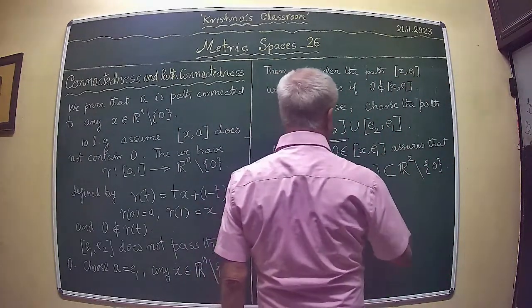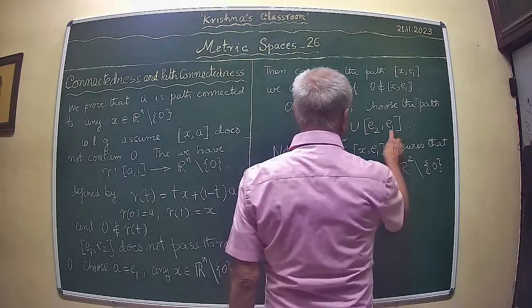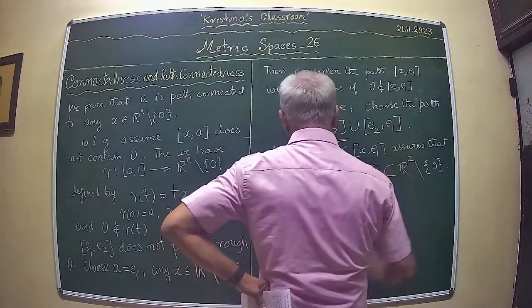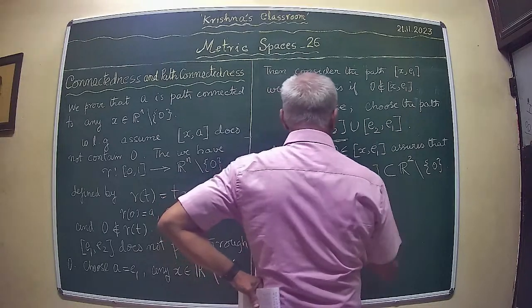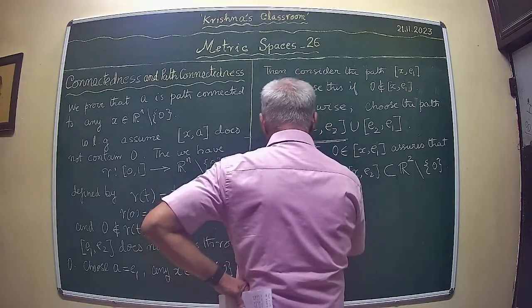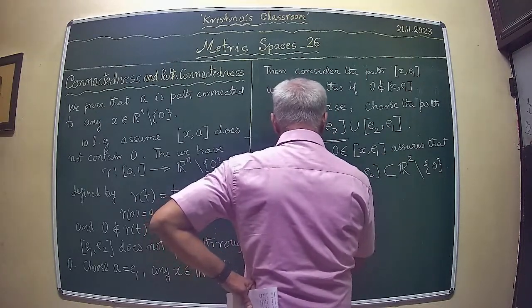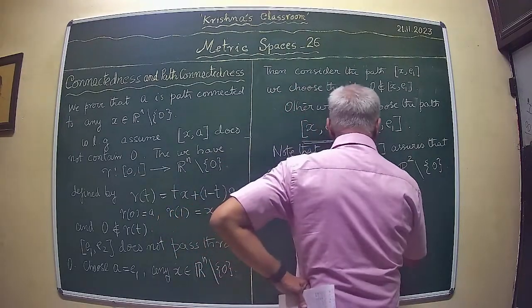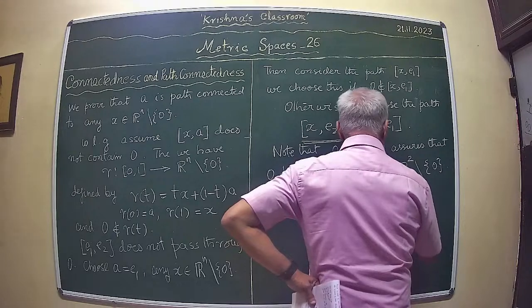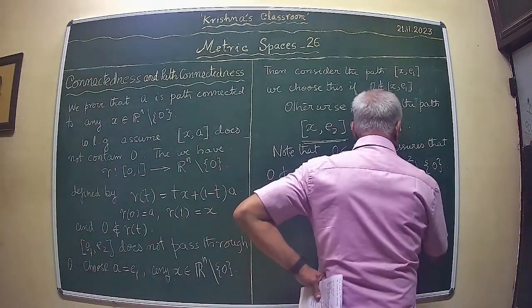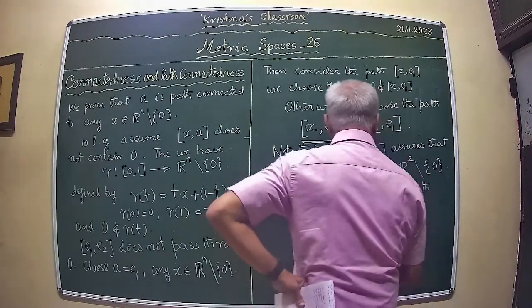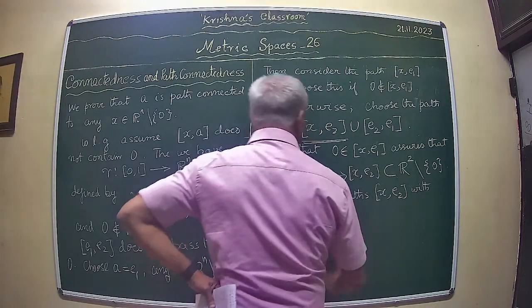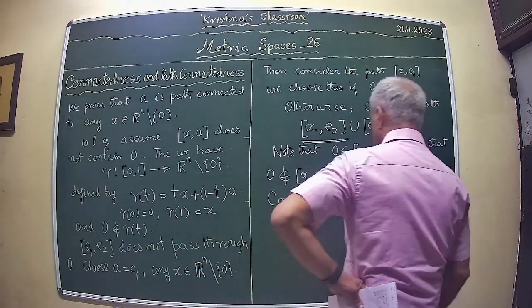Now to get to E1, because E1 is the base point that we have chosen, you combine the paths.